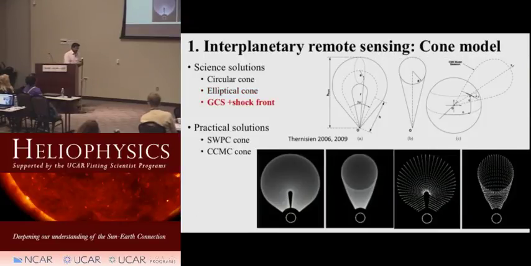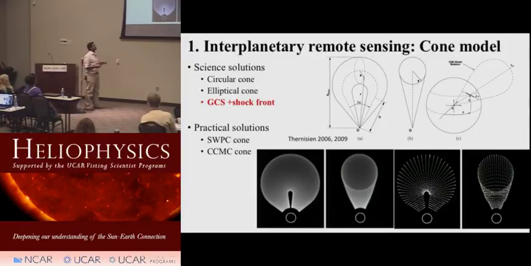Then there's a more intriguing, more realistic methodology, which has really become a very active methodology for science purposes. The circular cone is still predominantly used for forecasting, and I'll talk about that in a second.